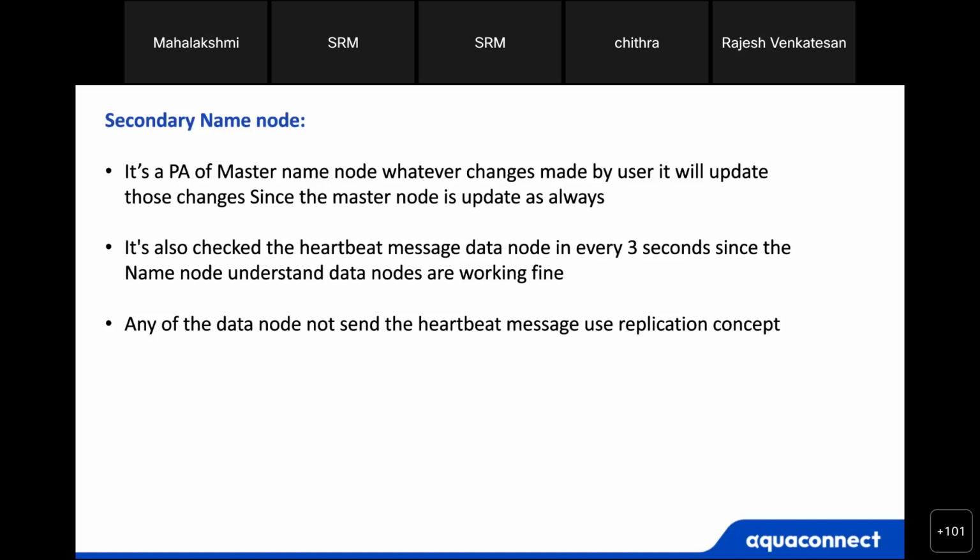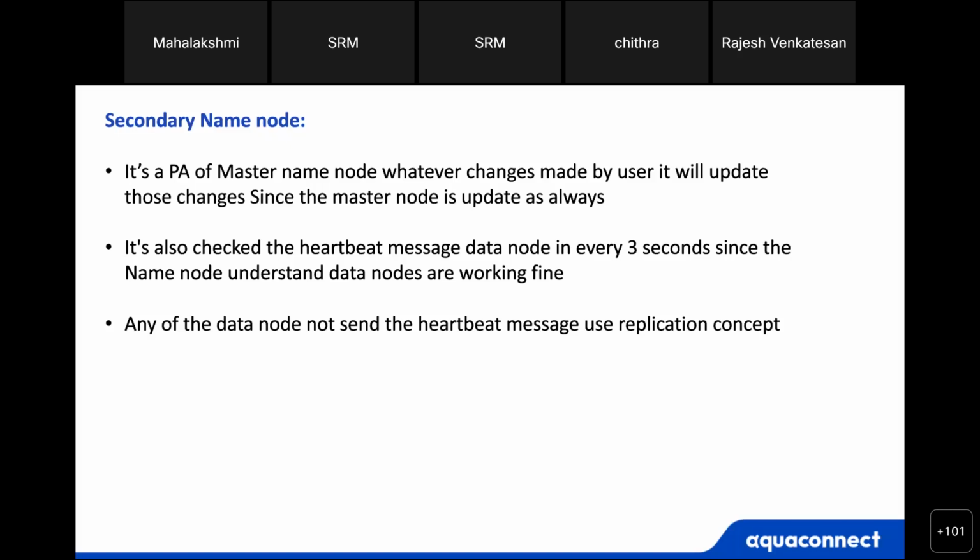Now the heartbeat message. Each and every data node sends one message to our master name node every 3 seconds, so the master name node understands my data node is working properly. For example, your staff give attendance on a daily basis, right? Taking the attendance, they understand you're present at college.